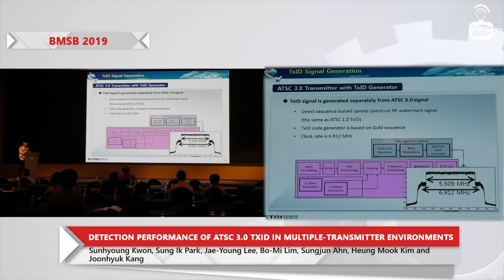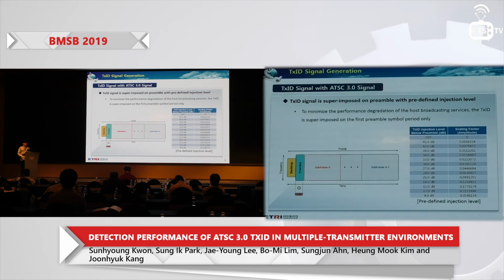As we can guess, some part of the TxID signal can be cut off through a mask filter. It totally depends on how sharply the mask filter cuts the frequency band. In the ATSC 3.0 system, the TxID signal is injected into the preamble part only, in order to minimize the performance degradation of the host broadcasting service due to TxID.